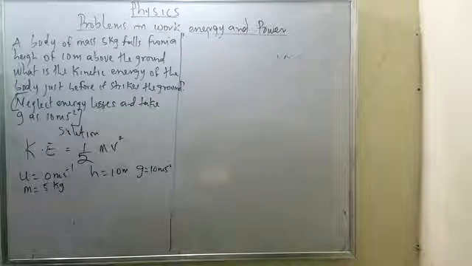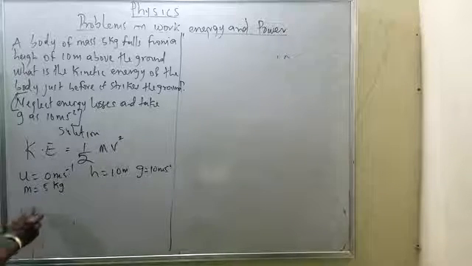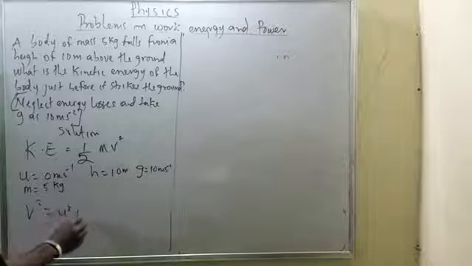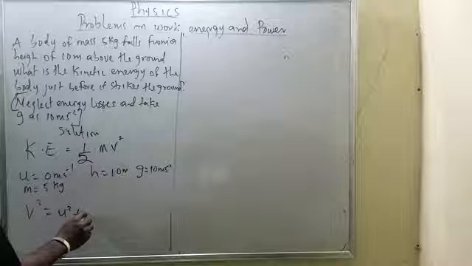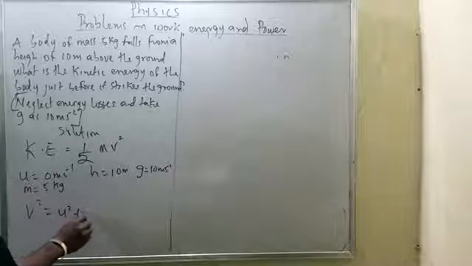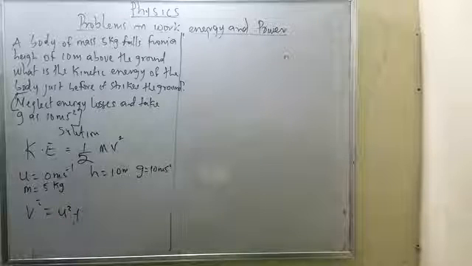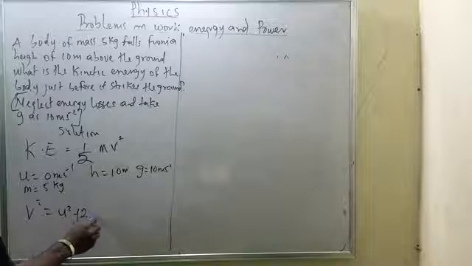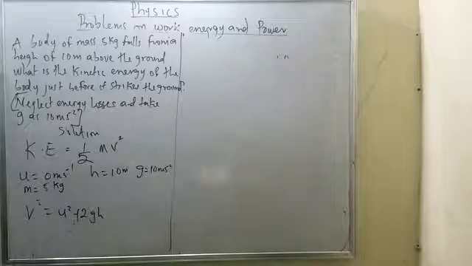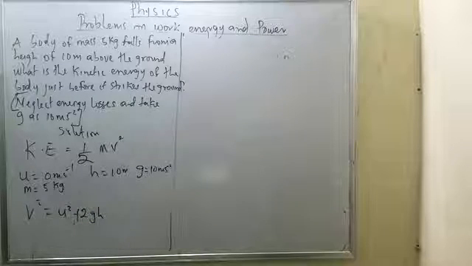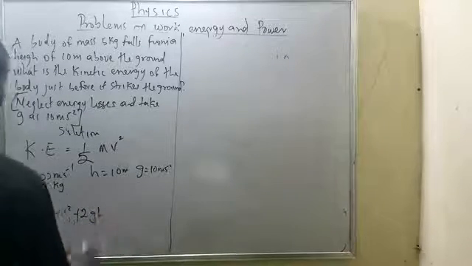Now, I need to find something. What am I looking for? I must look for my velocity. How do I find my velocity? We all know that v squared equals u squared plus 2gh, because of gravity and height.